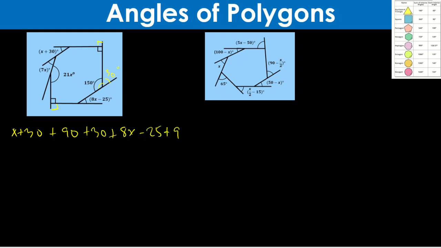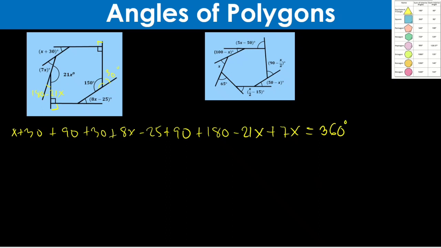Plus 90, plus here the exterior angle is 180 minus 21x. So 180 minus 21x here plus 7x here. Okay, we've done that already. Since we're doing the sum of exterior angles, the total is 360 degrees.